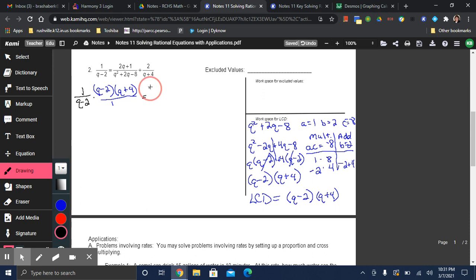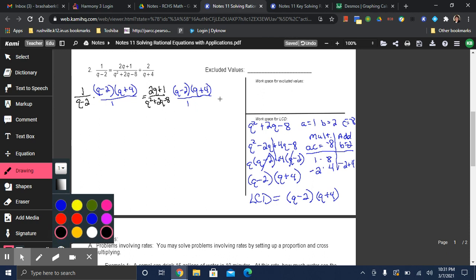And then the next fraction, 2q plus 1 over q squared plus 2q minus 8. We'll multiply that by our common denominator again, q minus 2 times q plus 4 over 1.